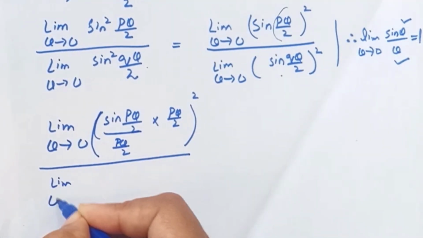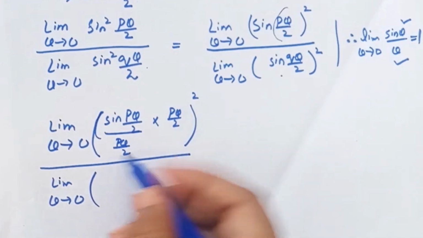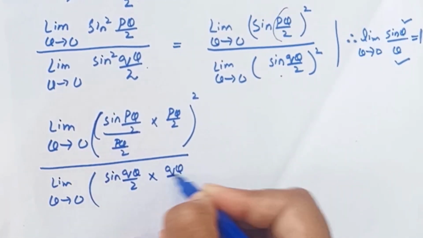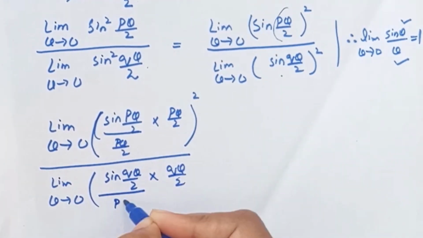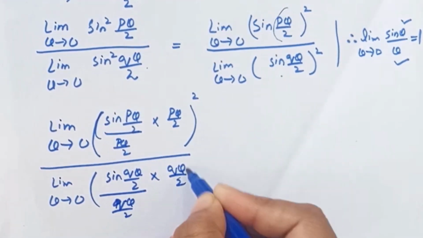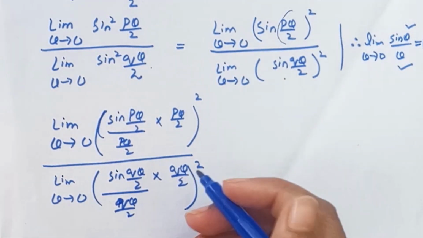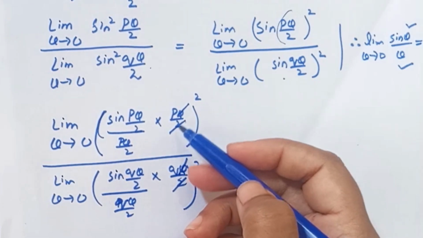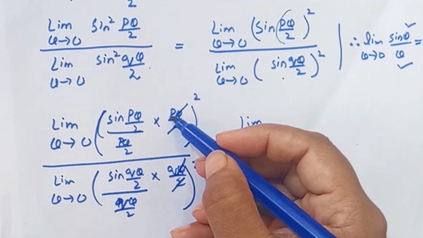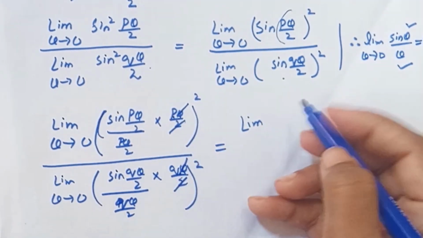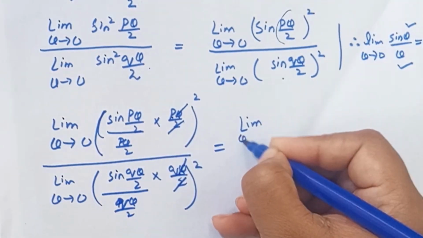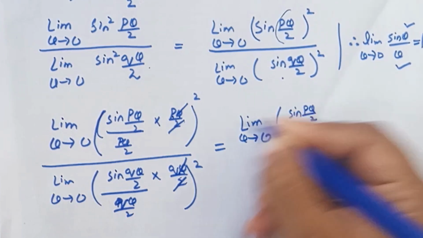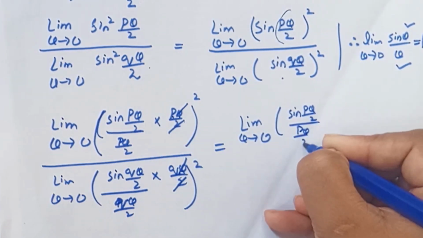Now look at the denominator. This is limit theta approaches 0 of sine q theta over 2. We multiply this by q theta over 2 and also divide this by q theta over 2. Its power is 2. Now in the next step, this 2 and 2 will cancel, this theta and theta will cancel, so we just get p in the numerator and q in the denominator. So we write this as limit theta approaches 0 of sine q theta over 2 divided by q theta over 2.